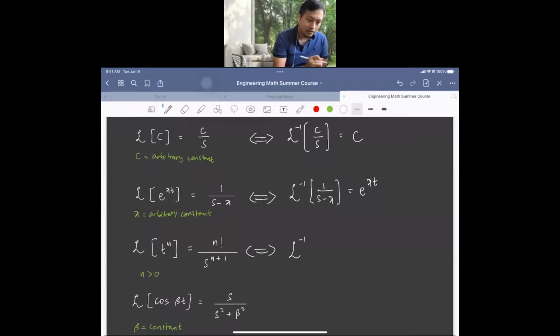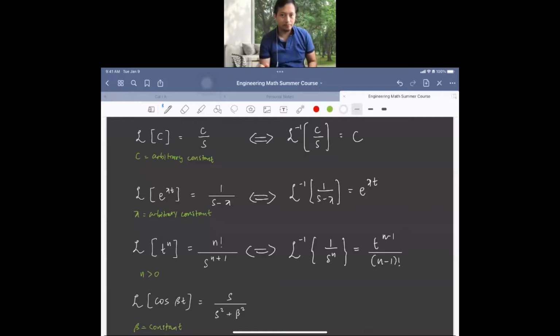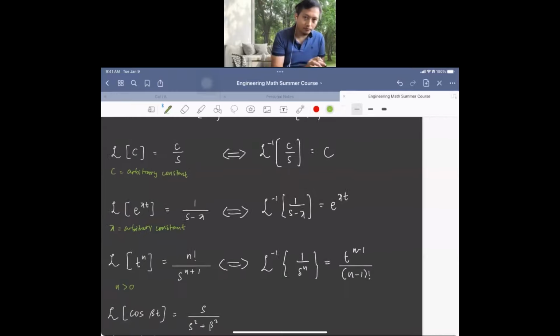And now something different you will notice here. I will write 1 over s to the power of n. This will be t to the n minus 1 over n minus 1 factorial. This is just to make it short, because n factorial divided by s to the n plus 1 is not common, so we need to rewrite the forms and make it just 1 over s to the power of n.